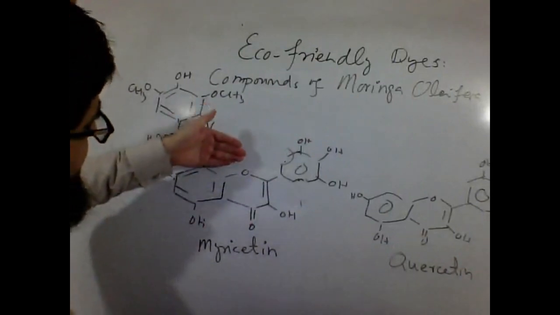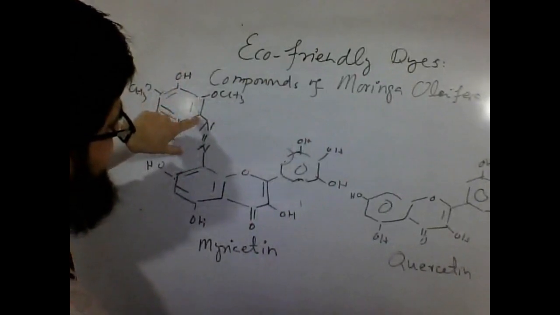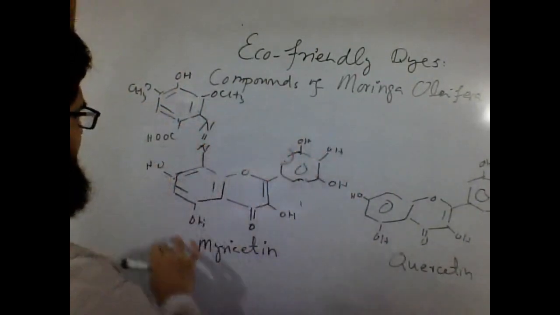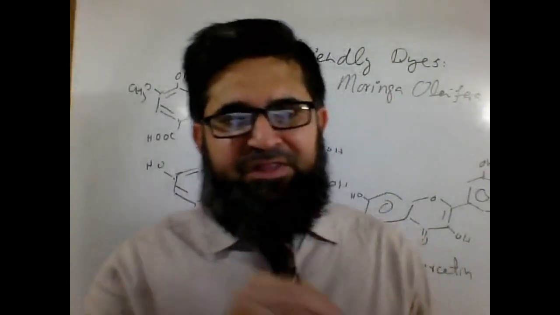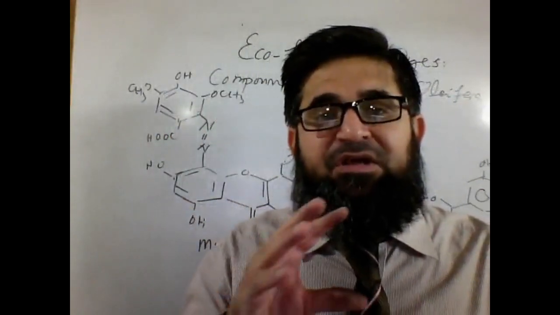If we start from the natural component, perform nitration, reduction, diazotization, and bring again the component number 2, that is also plant based, we bring that in as a coupler.